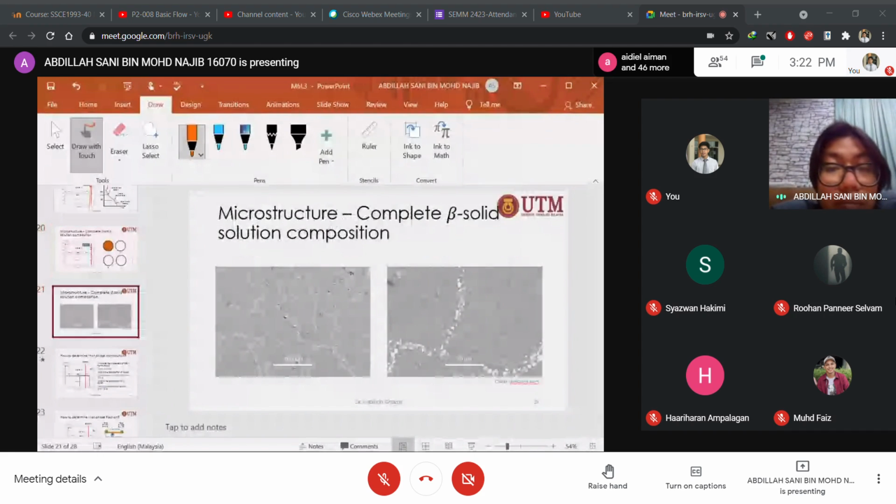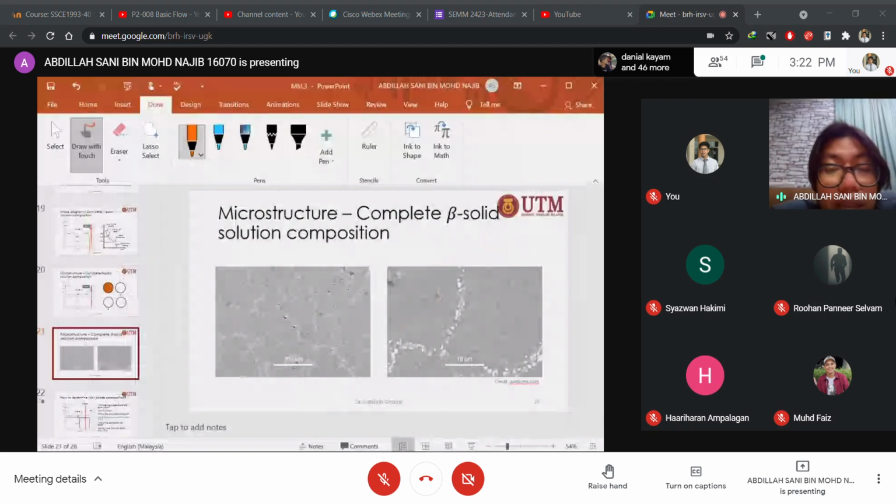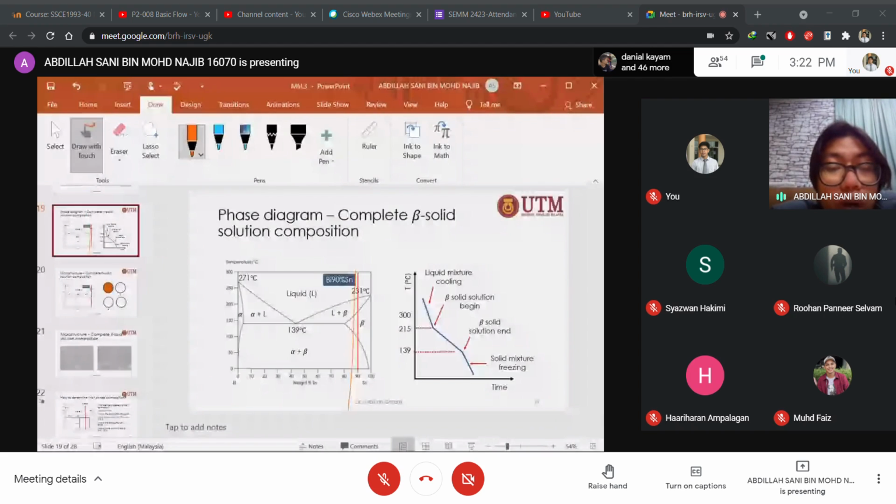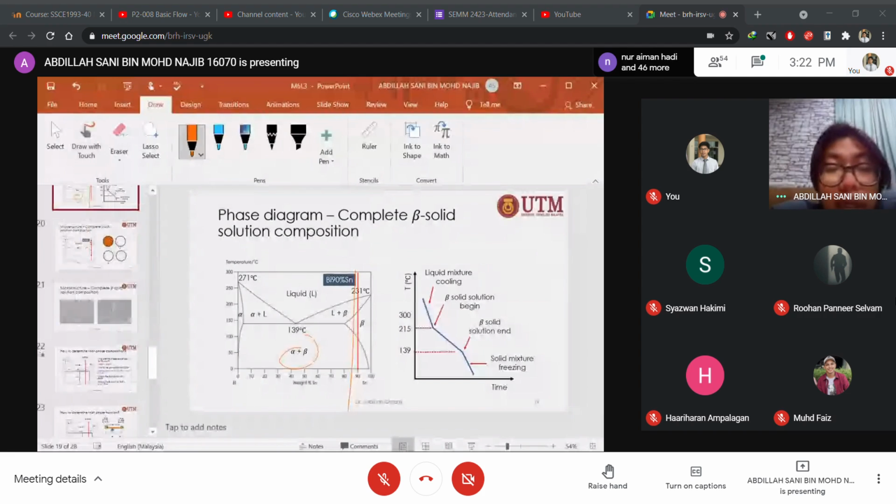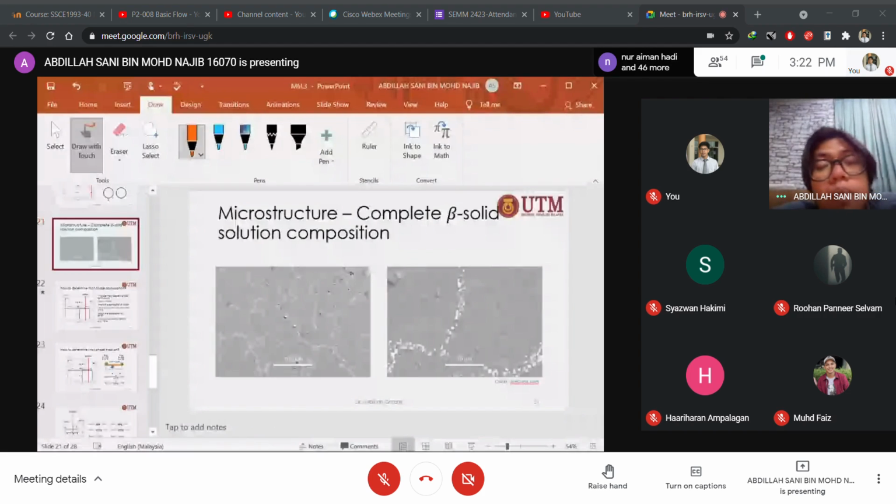This one has more, but this one is more extreme to the right. We have only a small amount of alpha plus beta. We have a very large amount of beta. And how to determine the phase composition?